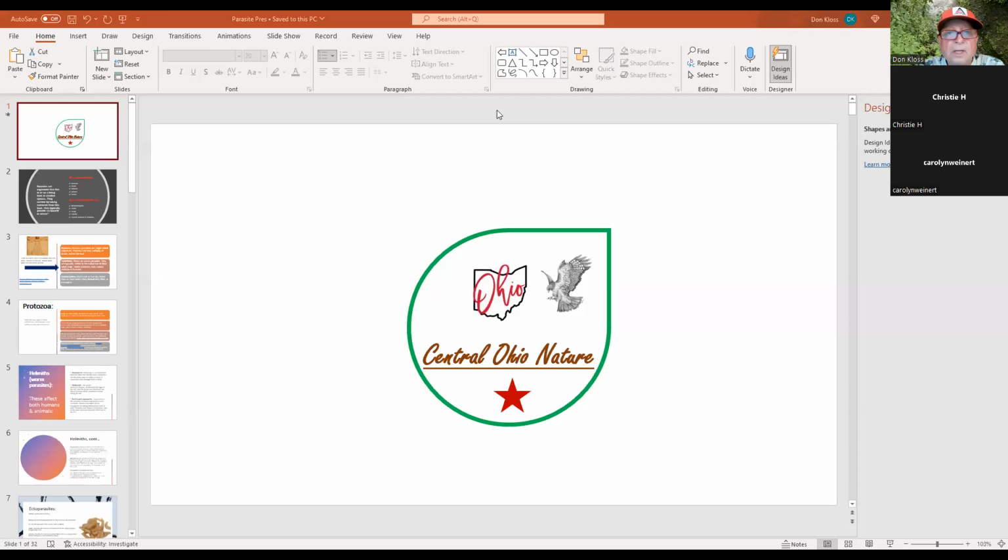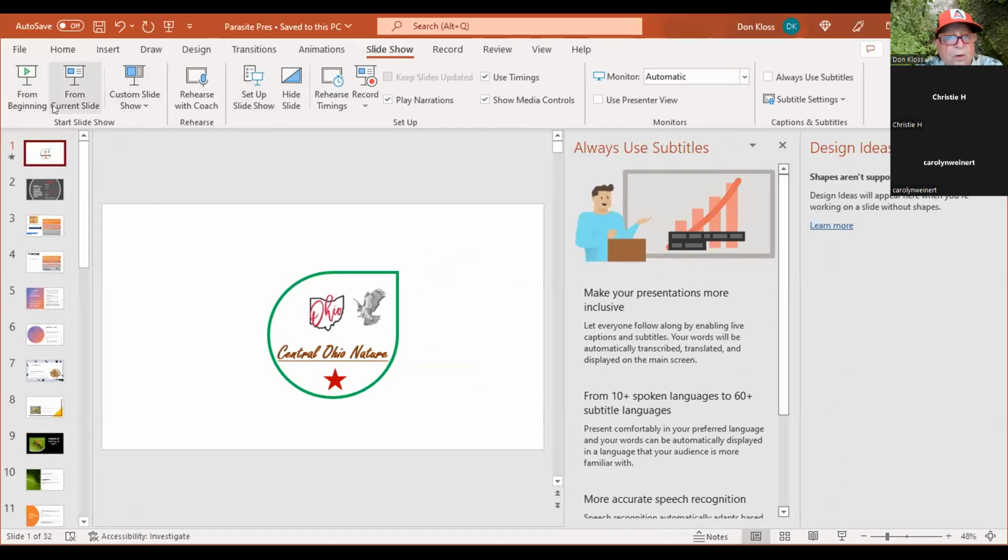I don't forget to do that. And let's see. I want to screen share. And then I've got to shrink this down like I always do and do slideshow.